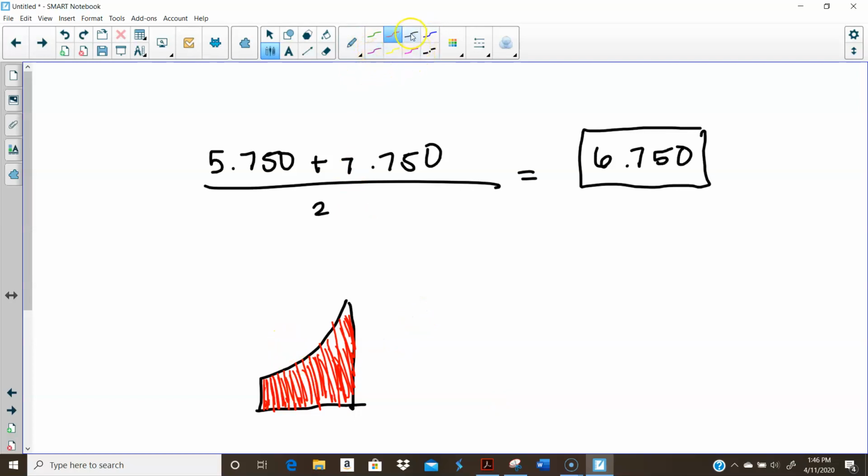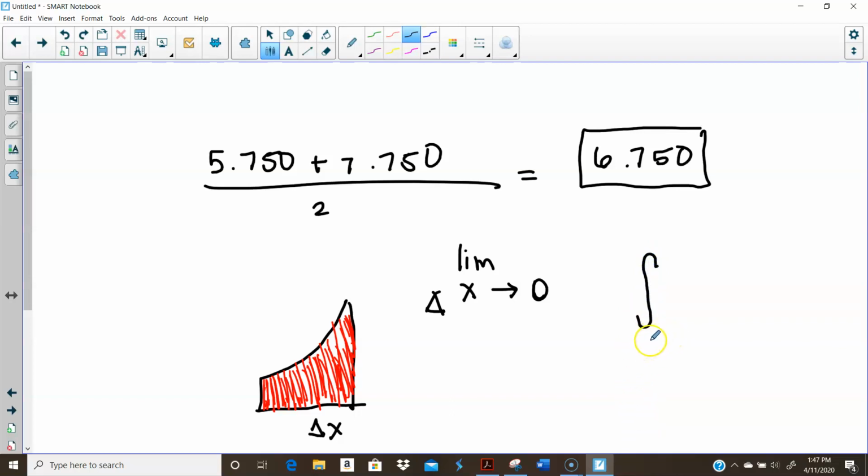And so delta x, which is the width of your rectangles, the limit of delta x is going to approach 0. And this is what we call an integral. And the notation is going to look like this.